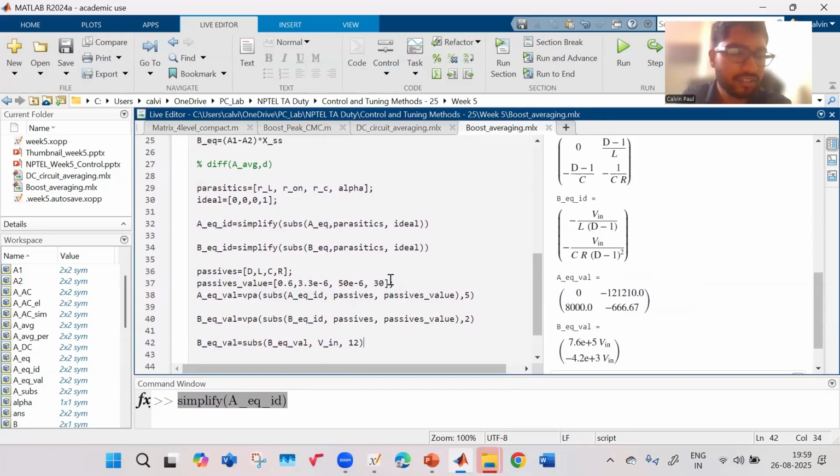Which course? Power electronics for wide bandgap devices. Oh, it's taught by whom? It is Dr. Maumida Das in IIT Mandi. So what all are they teaching in that? It is mainly a theoretical course, not many numericals.